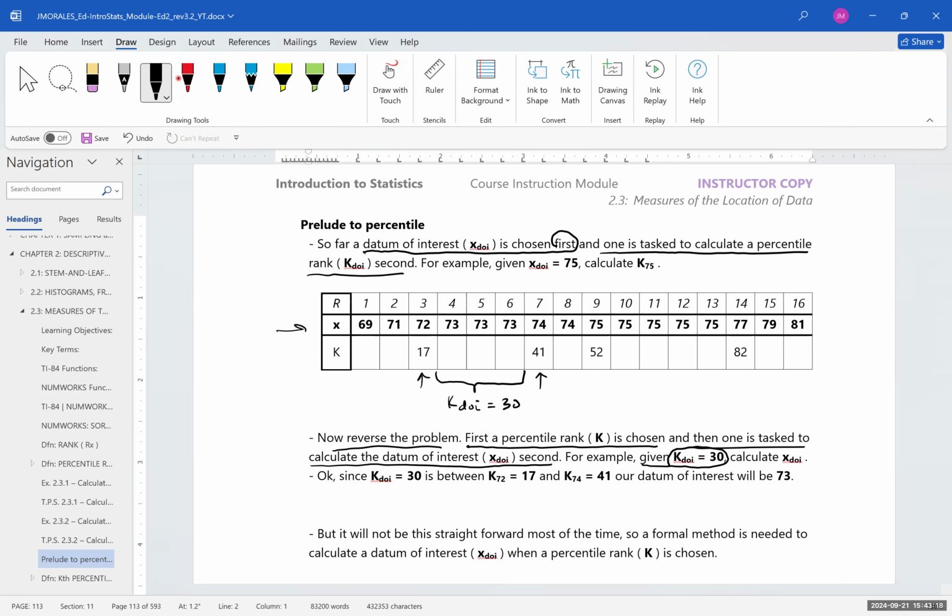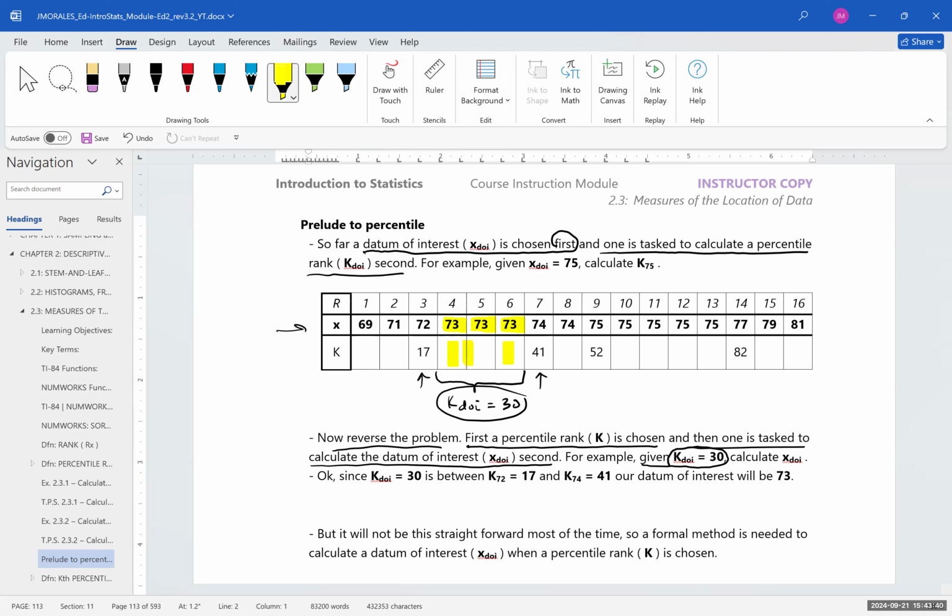So what would be some datum of interests related to this percentile rank of 30? Well, as we look up at the actual datums themselves, it's just 73. It doesn't matter if the percentile rank of 30 was here, or if it was somewhere in between, or if it was here.